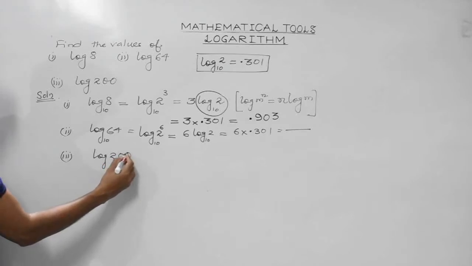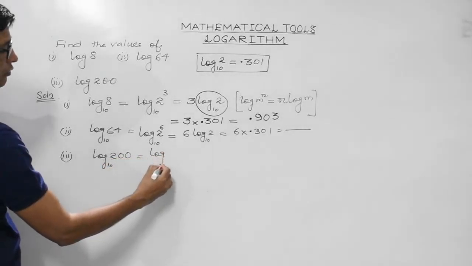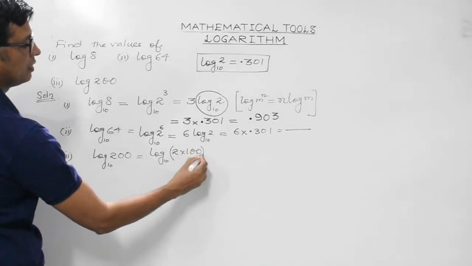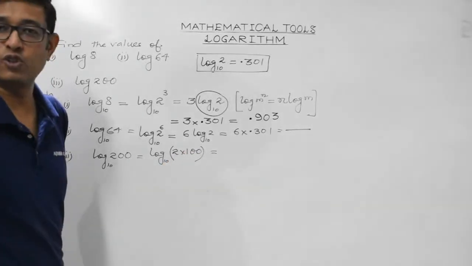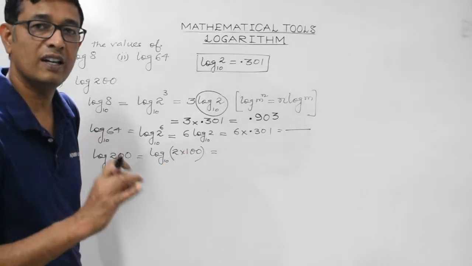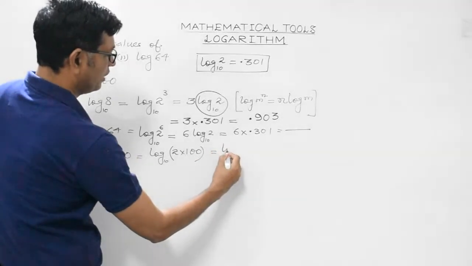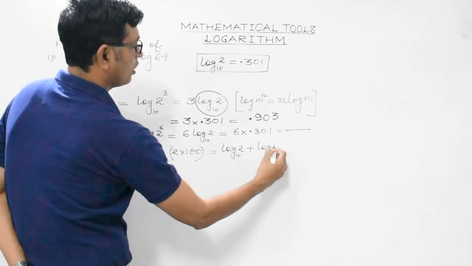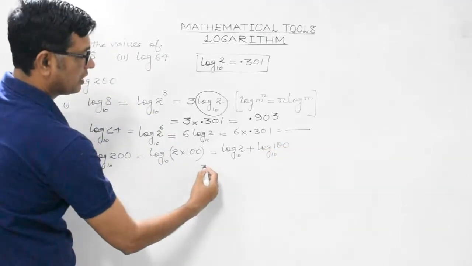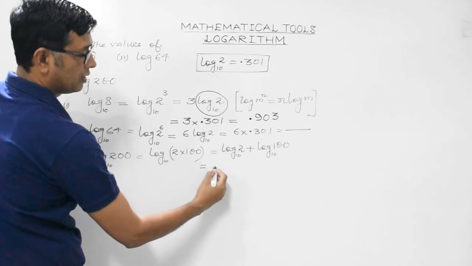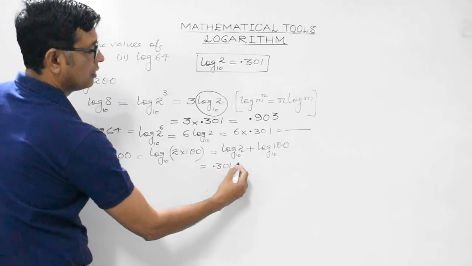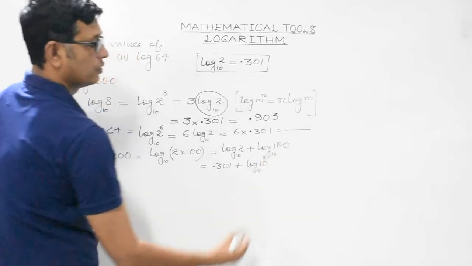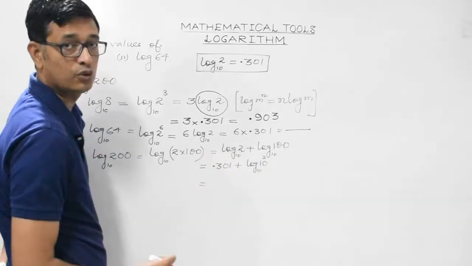Third one. Log of 200. Let's see how to do it without using logarithm tables. Can it be written like this? 2 into 100. So we can make use of the product rule over here. Log m into n is log m plus log n. So we can write log 2 plus log 100, which can further be written as log 2, which is 0.301, plus log 10 to the power 2, isn't it? 10 to the power 2 gives us 100.